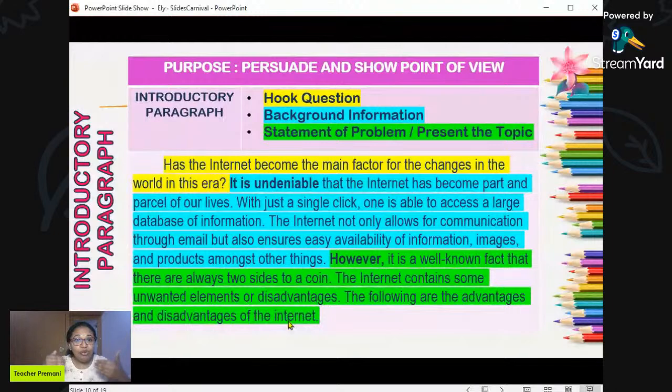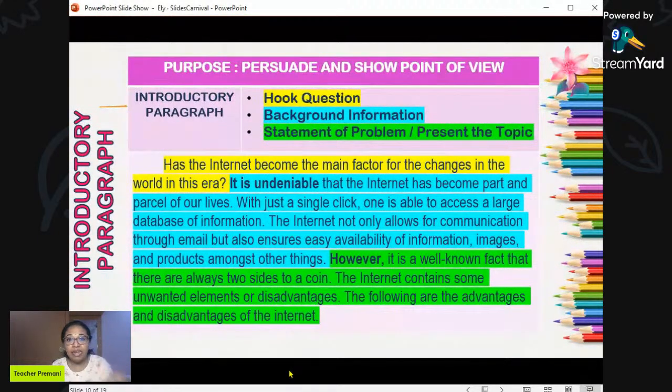So now we're going to go into the content. What are they? The advantages and the disadvantages. Can you see that? This is what we call coherence, continuity. What you have been doing all this while, whatever you think, you write. It's not like that.